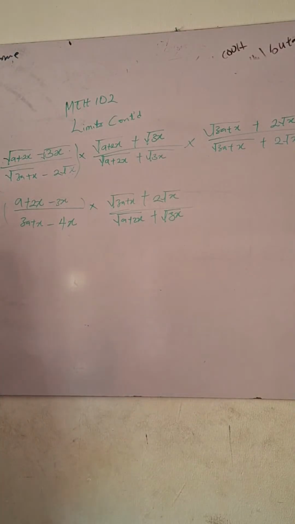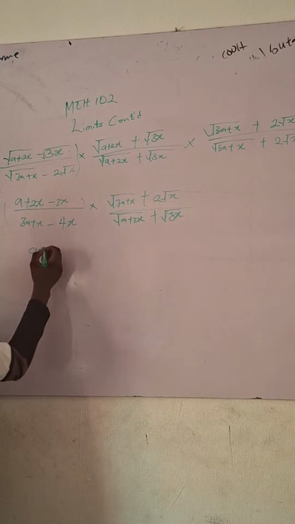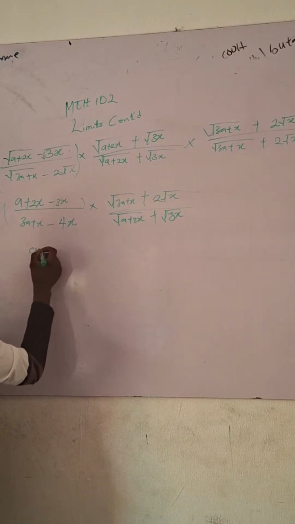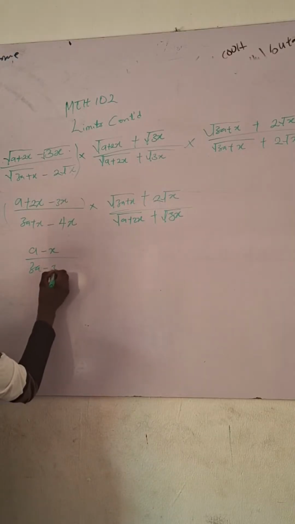Okay. So now, from here, a plus 2x minus 3x, that's minus x, right? Over 3a minus 3x.